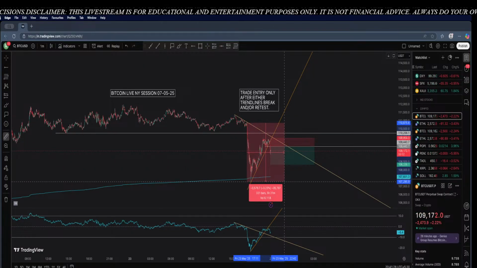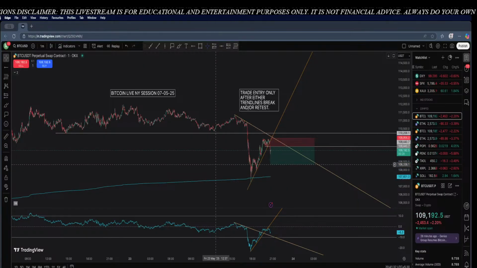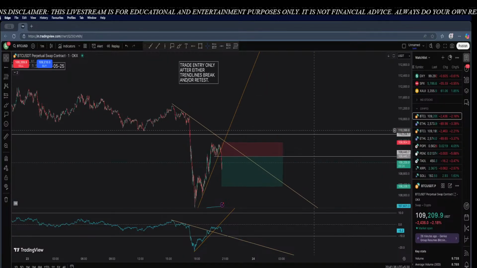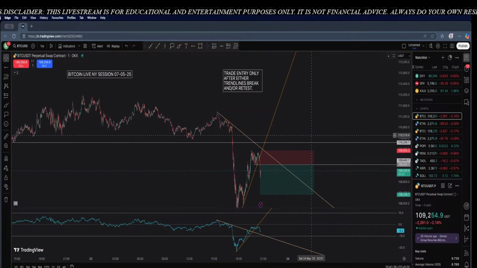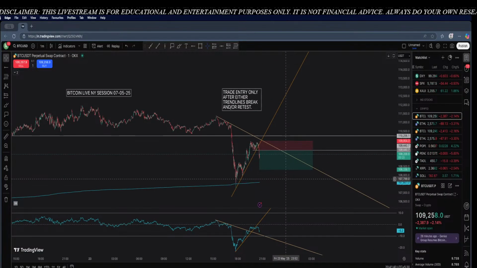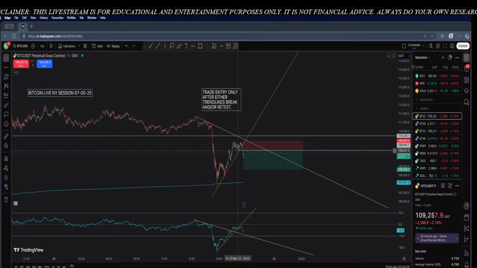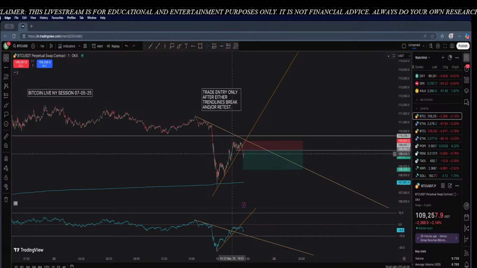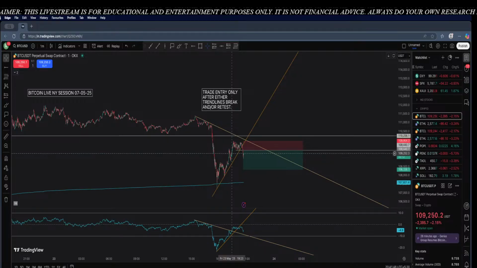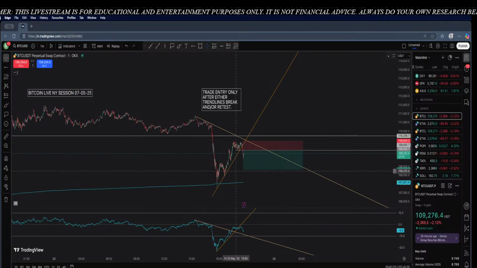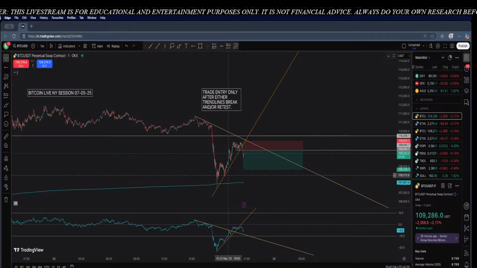Move of about 3,500 points, 3% move. Huge move. Just going to wait now for the retest of this resistance zone. Get a retest and then we come back down. Pretty much hoping to target something like this.